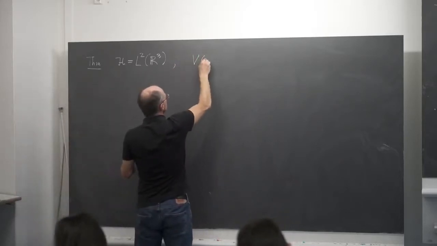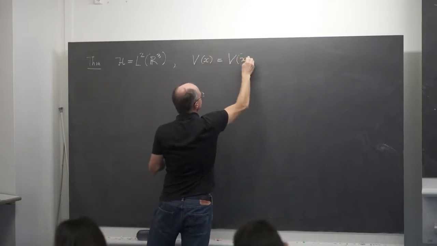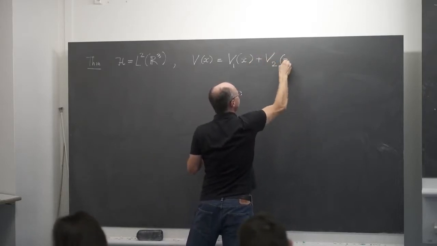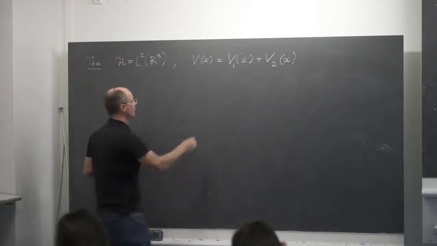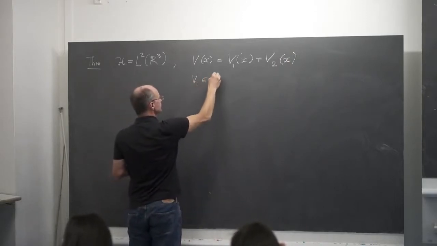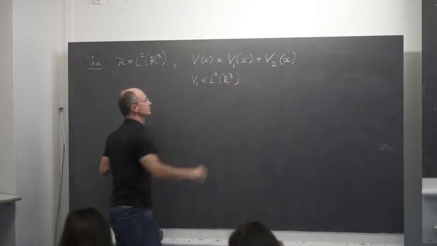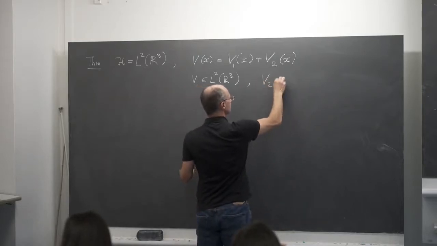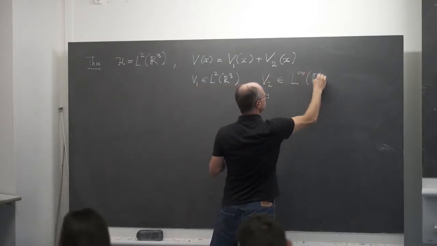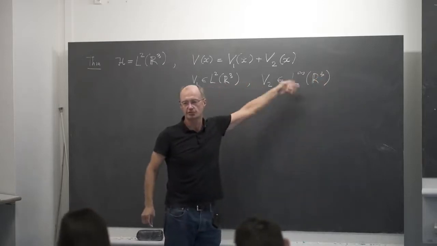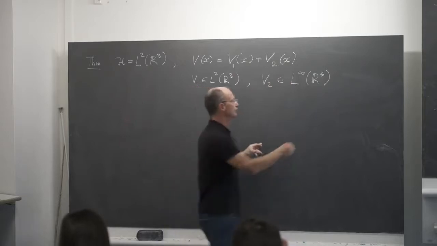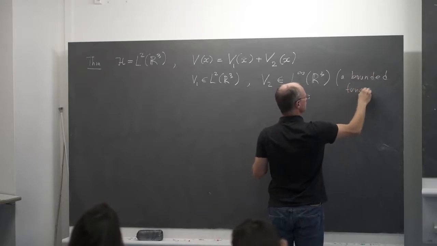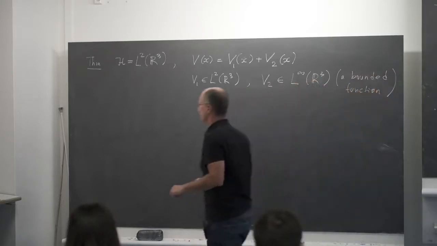And let's assume that the potential function is a sum of two pieces. One of those pieces will be a square integrable function. And the other piece will be a bounded function. So the infinity norm, that's the absolute value norm, is finite, so this means it's bounded.